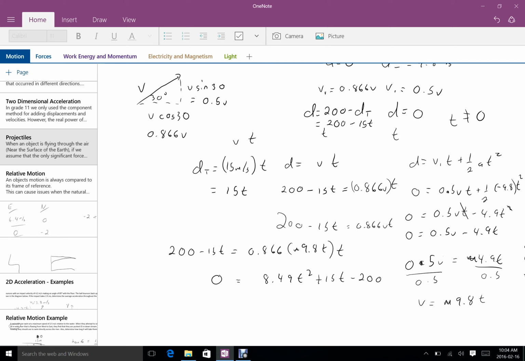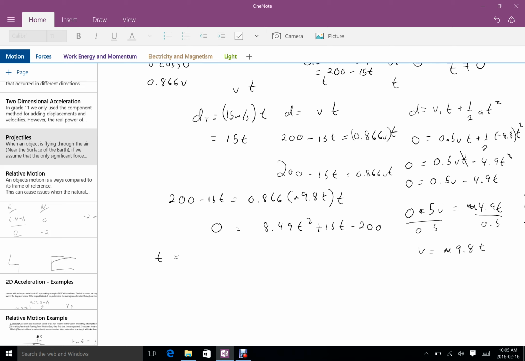I'm just going to use the quadratic equation to solve this. t equals negative b plus or minus the square root of 15 squared minus 4ac, divided by 2a.